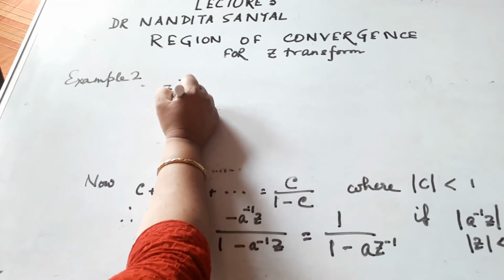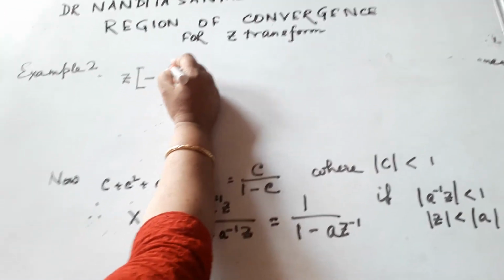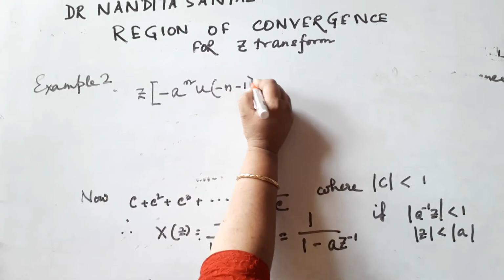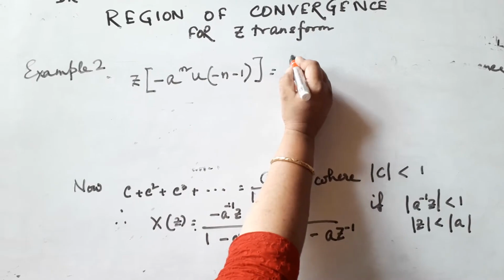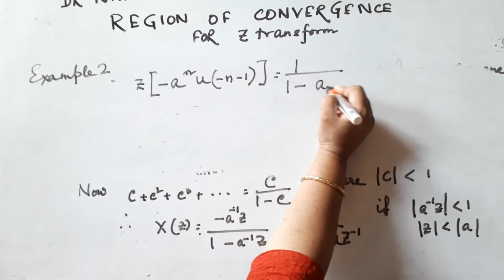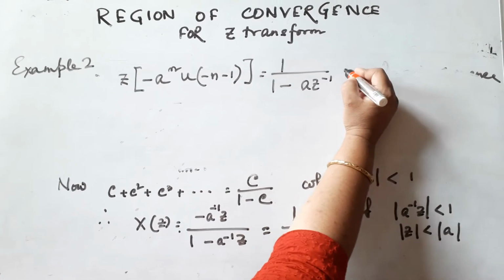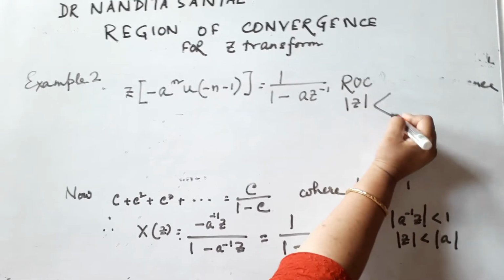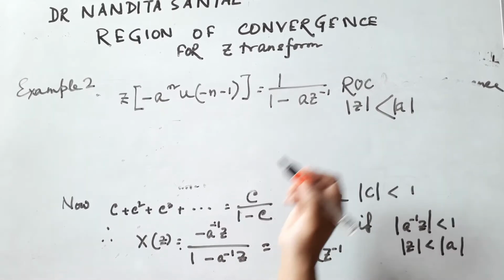The Z transform of minus a to the power n u(minus n minus 1) is equal to 1 by 1 minus a z to the power minus 1. ROC is mod z less than mod a.